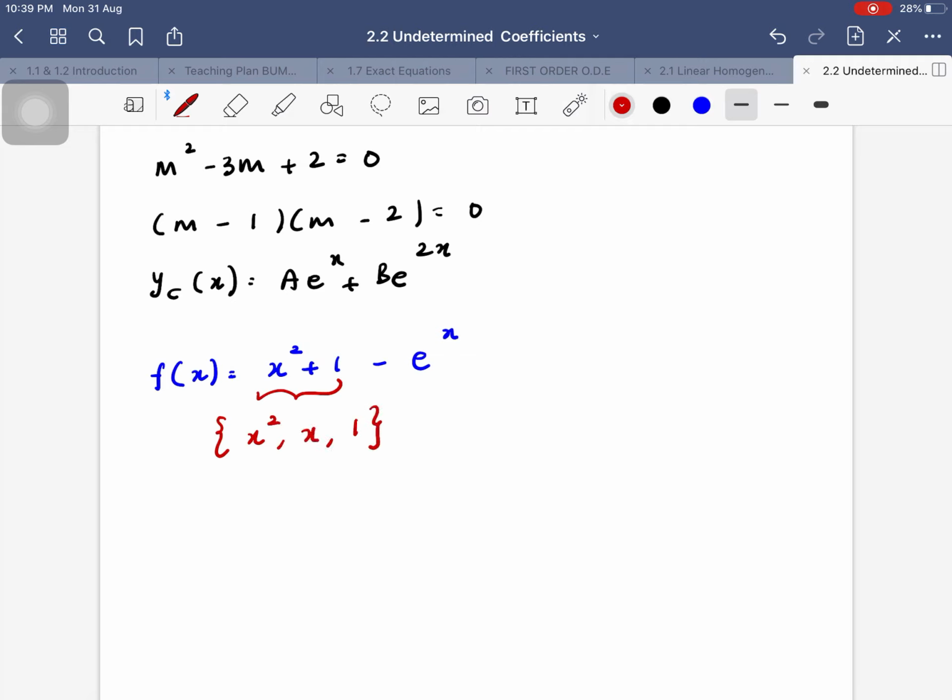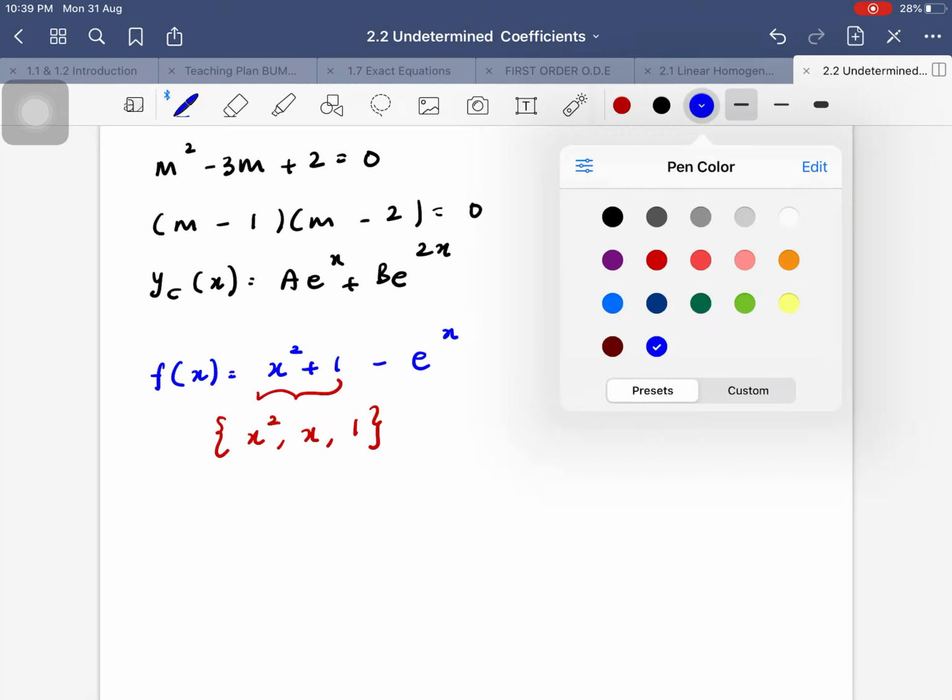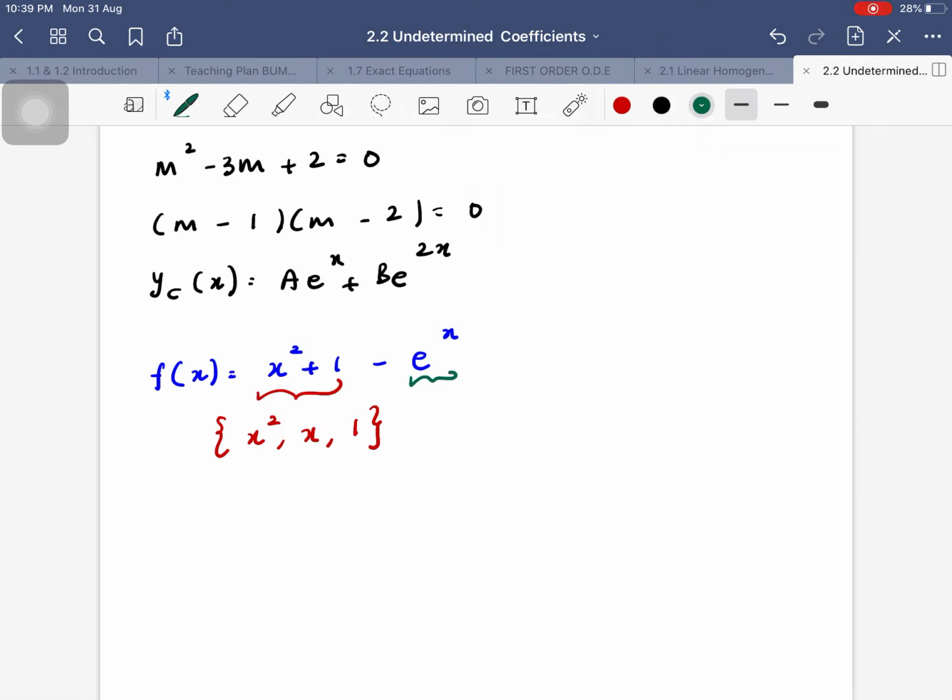Remember, 1 is also part of the polynomial. Whenever you have a constant combined with the polynomial, they are together. Do not separate the constant and the polynomial function to the power of x to the power of 1, to the power of 2 and so on. And for the exponential, my family of derivatives is going to only involve one element, which is the exponential of x.